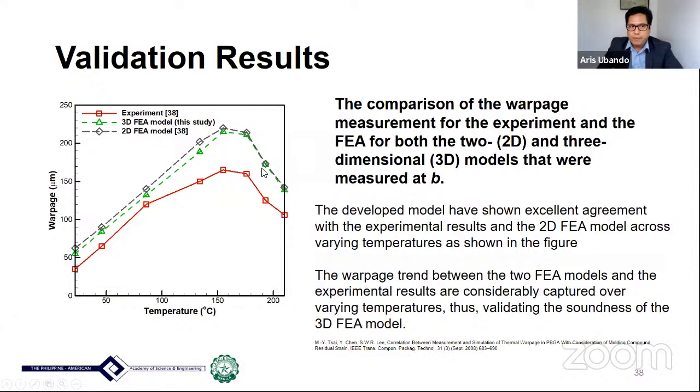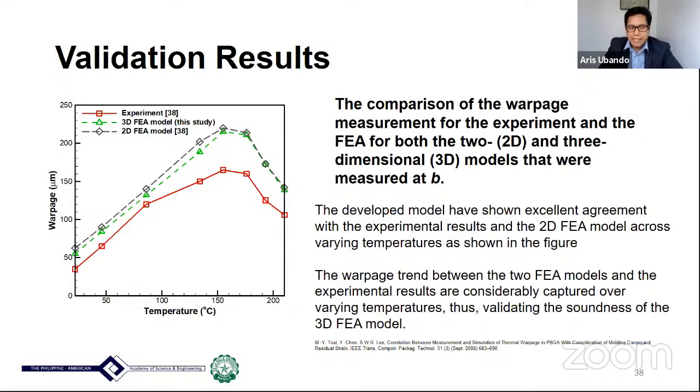So based on the FEA results, we have developed a 3D model and compared the experimental and the two-dimensional FEA model of Tsai et al. And the validation results have shown a good trend compared to the two initial results.